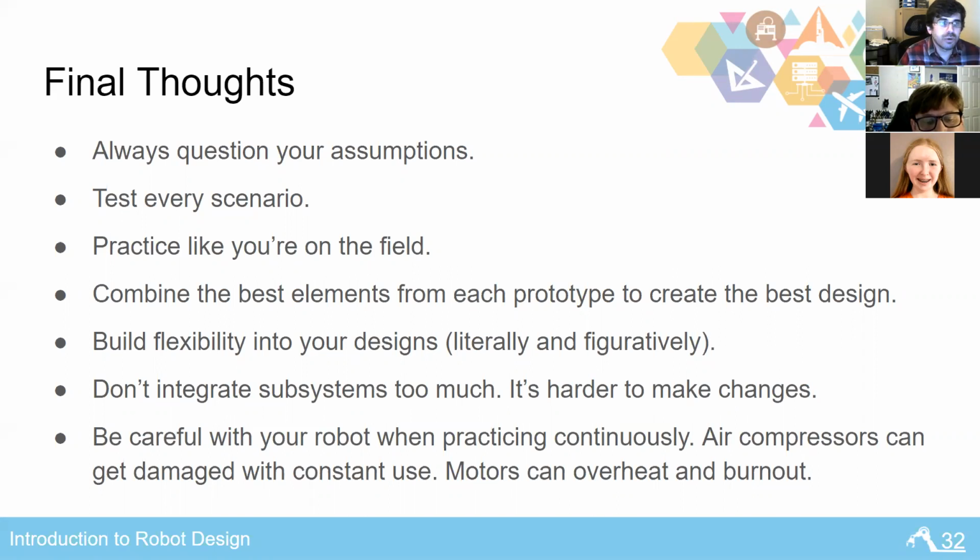But it takes more work to get two subsystems that are integrated working well, and every time you change one, you're essentially swapping out your other mechanism as well. So it's a hard line to know where the line is. But for our team, I definitely want to err on the side of not integrating subsystems if we can. And sometimes it's easy and sometimes it's not.